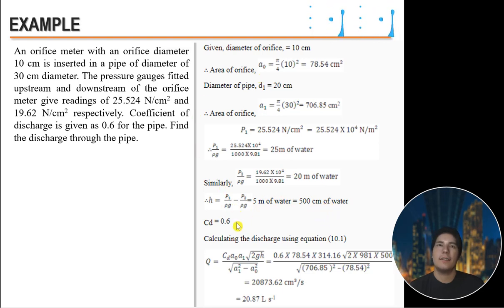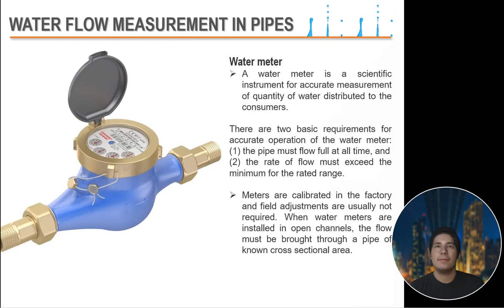Given also the coefficient of discharge, which is 0.6, we can now use the discharge equation for the orifice meter. So we got 20873.62 cubic centimeter per second, or in liters, that is 20.87 liters per second. So it's just plug and play in the formula.